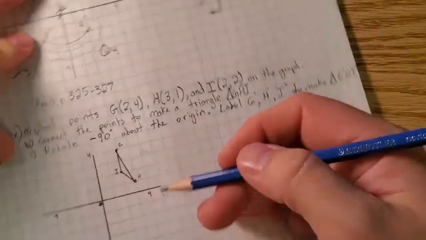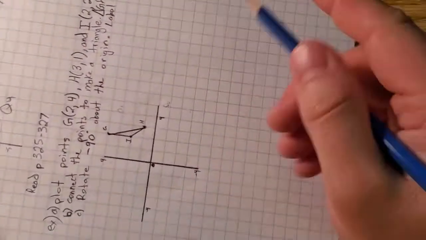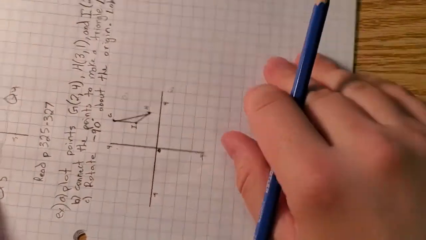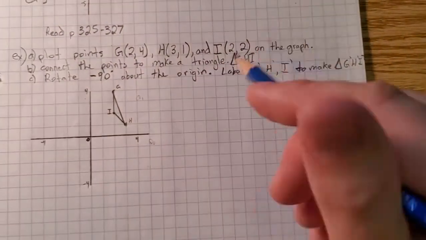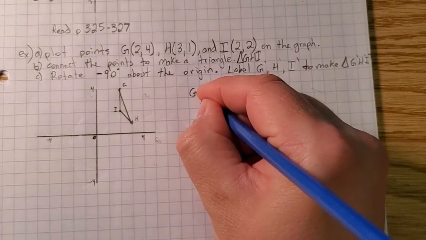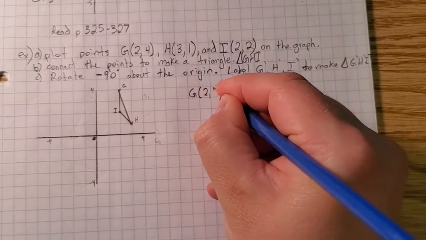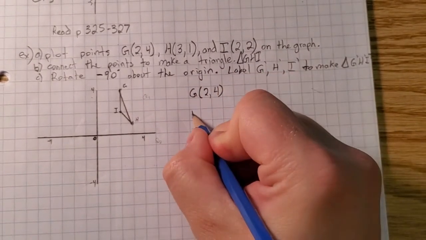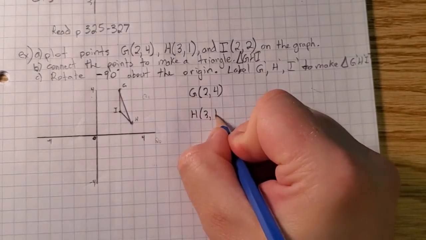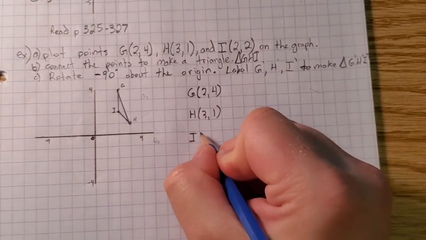This shape that was here should be the same as the shape here. So if I think about it, I'm just going to write this down so we can find some patterns. G (2, 4), H (3, 1), I (2, 2).